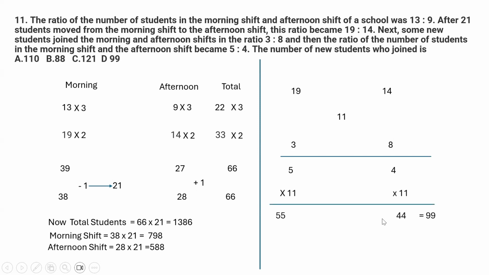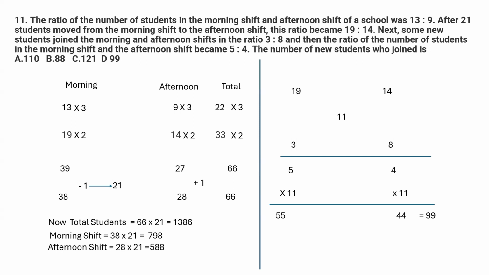So we will get 55 plus 44, that is 99, the number of students that have joined newly, right? But it is not that morning shift will be 55 and afternoon shift will be 44, like 55 students in morning and 44 in afternoon have joined. It is not like that. Allegation works totally differently.